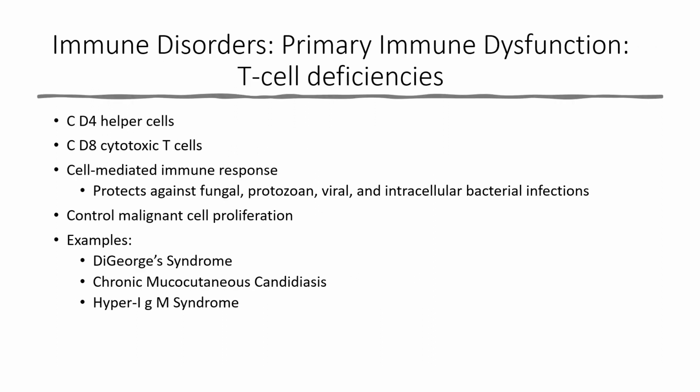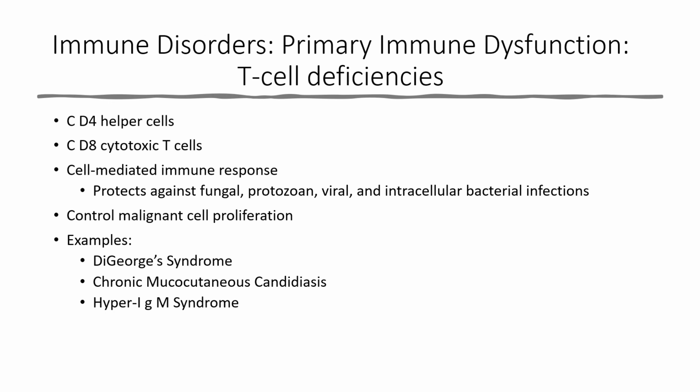So primary immune dysfunction, the T cell deficiencies. So T lymphocytes include subtypes, the CD4 helper and the CD8 cytotoxic T cells. And we'll talk more about those CD4 helper cells when we talk about HIV and AIDS. But anyway, they're responsible for the cell-mediated immune response that protects against fungal, protozoan, viral, and intracellular bacterial infections.